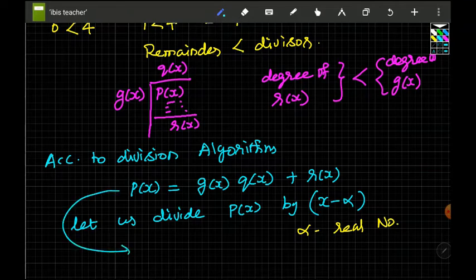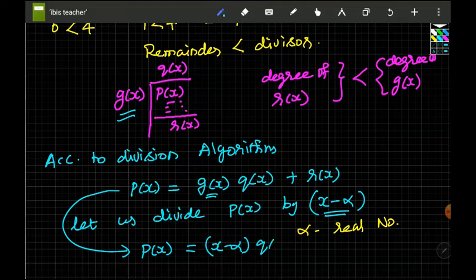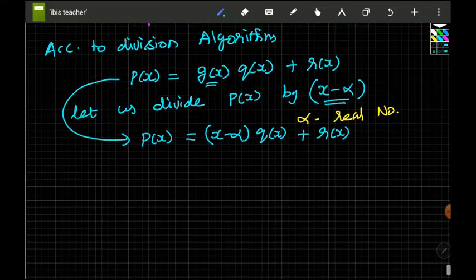Now the division algorithm will be p of x is equal to x minus alpha, hence the divisor has become x minus alpha, into q of x plus r of x, instead of g of x. Let us see now what will happen to r of x.